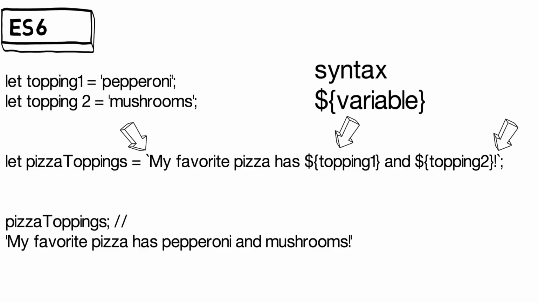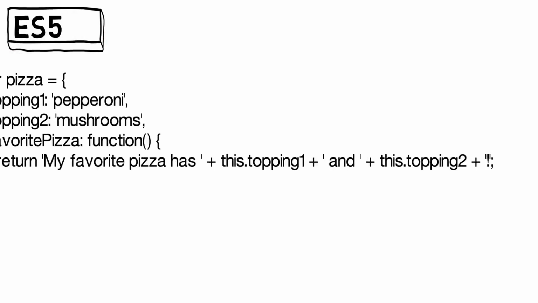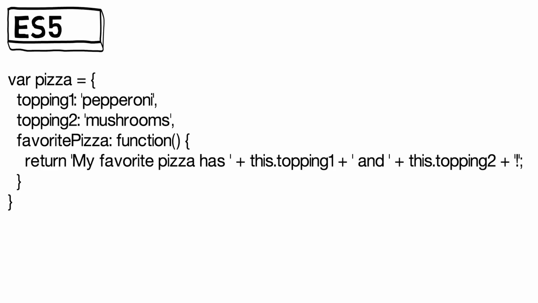Let's look at one more way that template literals simplify things in ES6. Suppose in ES5 we had an object with property value pairs. We'll use our topping1 and topping2 as our properties and the same values as last time. Within that object, we want to have another property that has a value of an anonymous function.